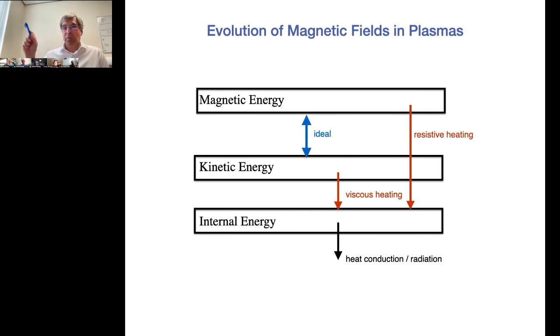And then there is a smaller energy loss channel via direct resistive heating. But depending on how large your magnetic Reynolds number is, this resistive heating can be rather small. And then very strong currents are generated. Yeah, I agree.